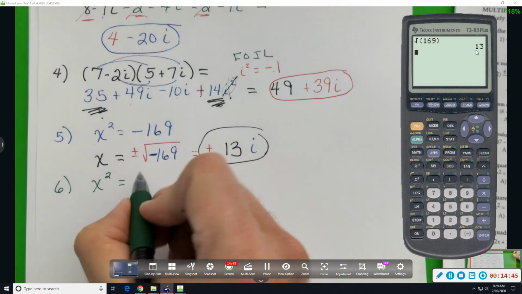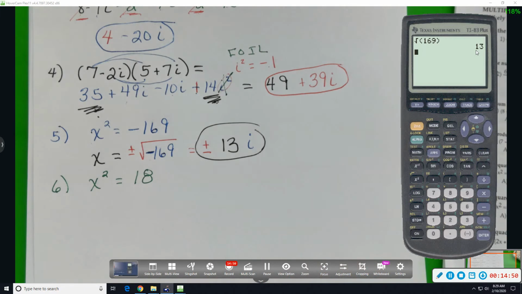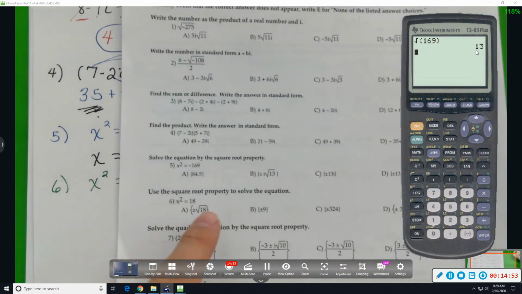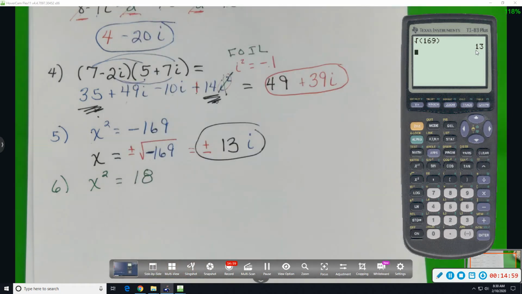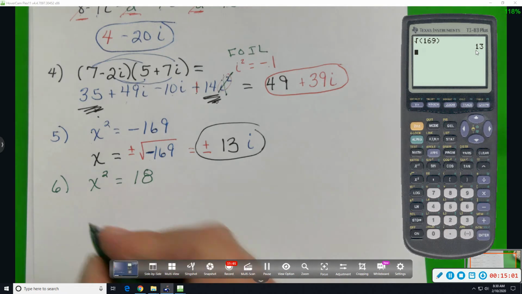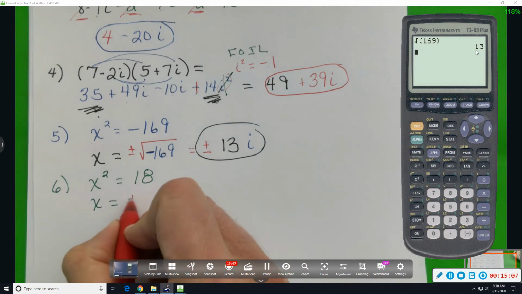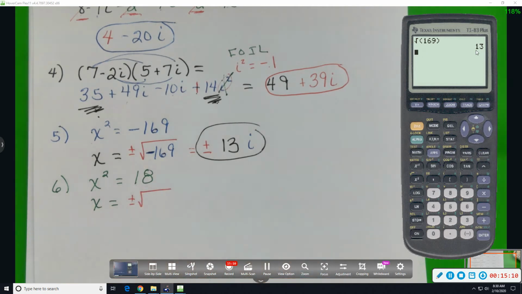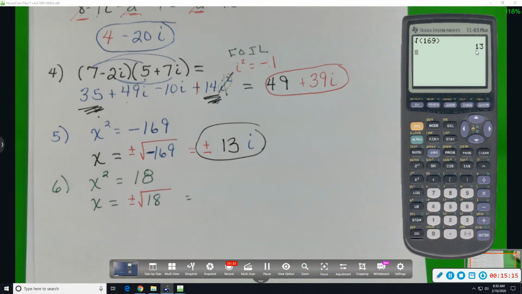x squared equals 18. It's another square root property. So I do the same thing I did on number 5. Drop the square on the left. Take the positive and negative square root of the number on the right. Is there going to be an i in this answer? No, there's no negative under the square root. If there's a negative under the square root symbol, then you have an i.